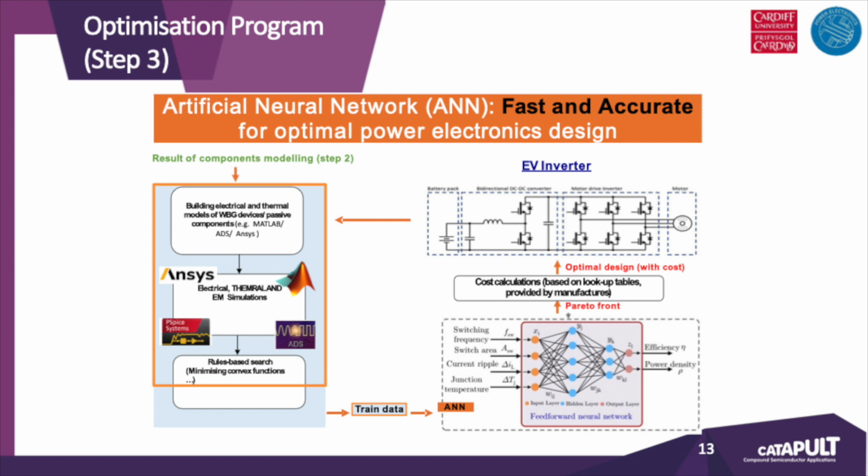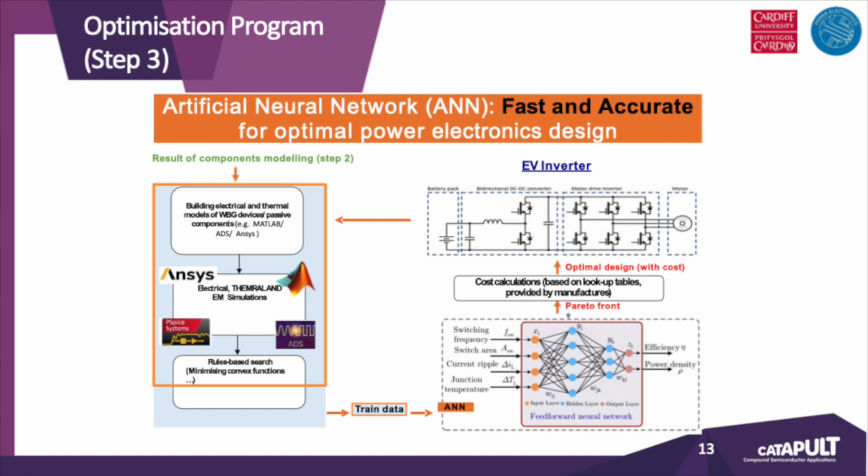After that, if you see the bottom side, we generate some training data, which is fed into the artificial neural network. We use that training data, generated either from the mathematical model or from the simulation, to run through the mission profile. Then we find the Pareto front, as we call it, which is actually the optimal performance of the inverter.